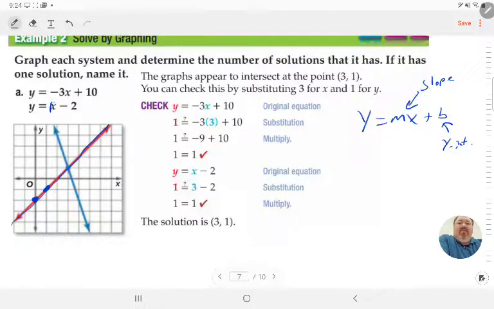Then I have y equals negative 3x plus 10. If I put 0 in for x, it crosses y at 10, so way up here somewhere, okay? So I don't necessarily want to do that. What I can do is pick really any point for x and y, or I could solve for where it crosses the x-axis.